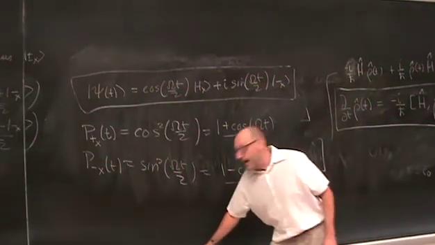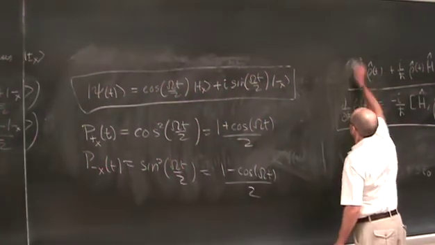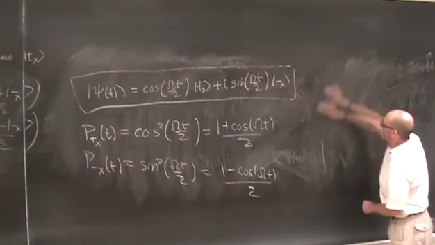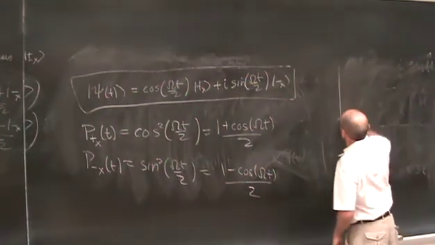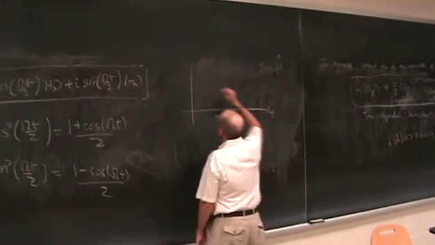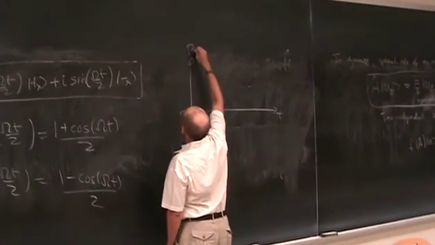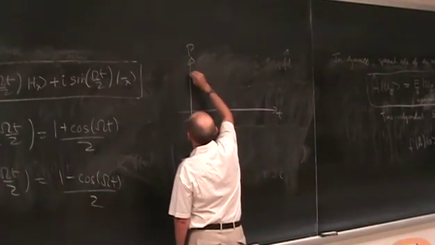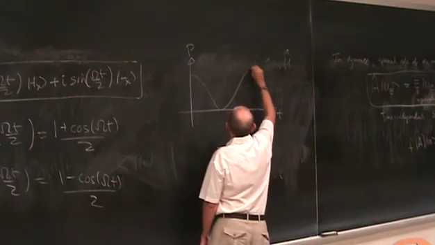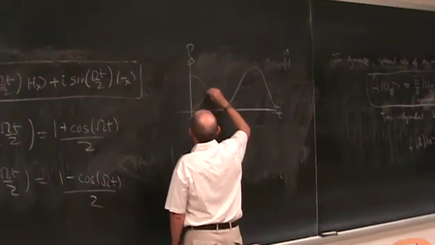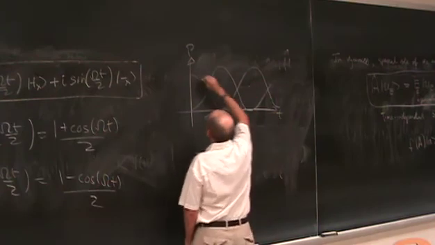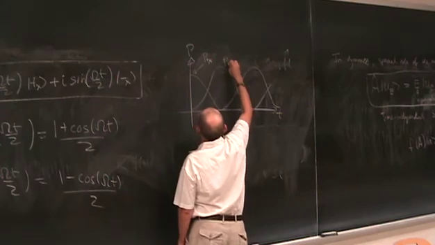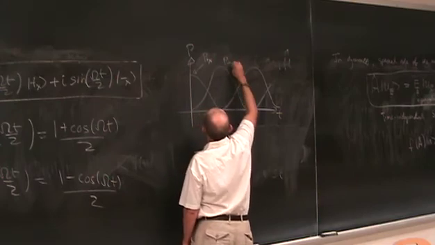If I plot the probability as a function of time, this is the probability to be up along x, and this is the probability to be down along x.